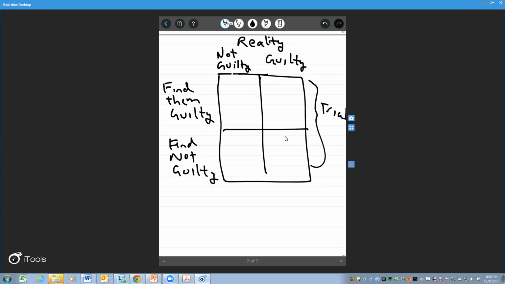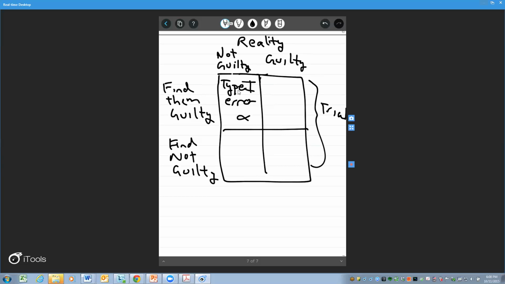If they are not guilty and we find them guilty, that is a problem. Right? If we send an innocent person to jail, we have made an error. In this case, it is a type 1 error. And that's alpha.